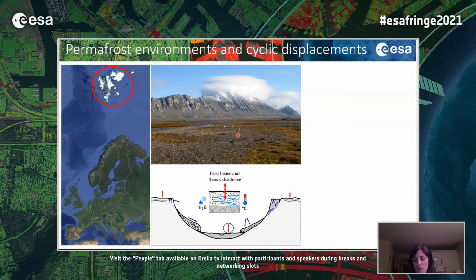And this part of the ground, the active layer, is typically 1 meter or a few meters in the Svalbard environment. And this thawing and refreezing cause subsidence and heave due to the transition between water and ice in the ground. So it's a combination of a temporal effect and the phase transition of the water in the ground.